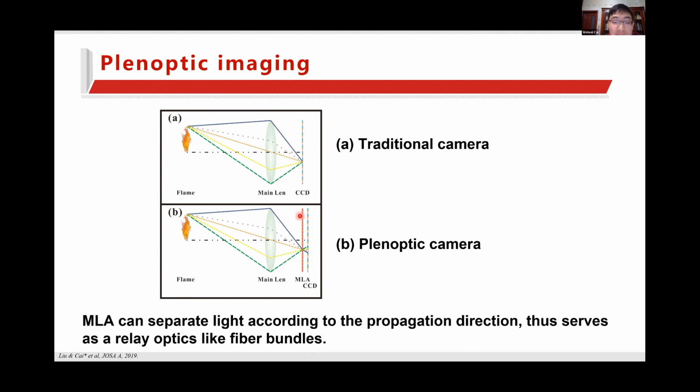But in plenoptic imaging, you put an array of micro lenses in front of the sensor. Different rays from the same light source will be imaged onto different pixels, so the angular information is recorded by the detector.